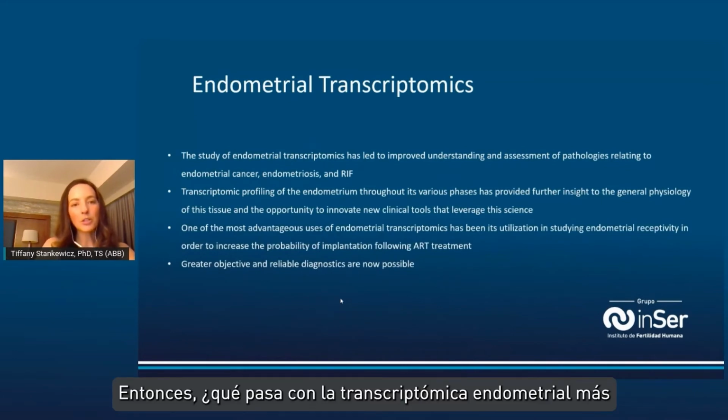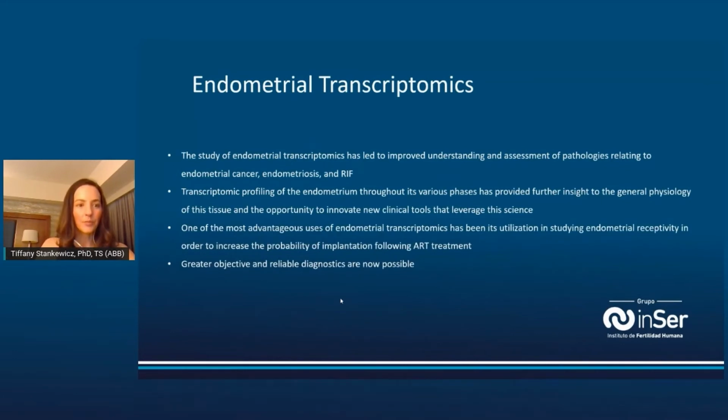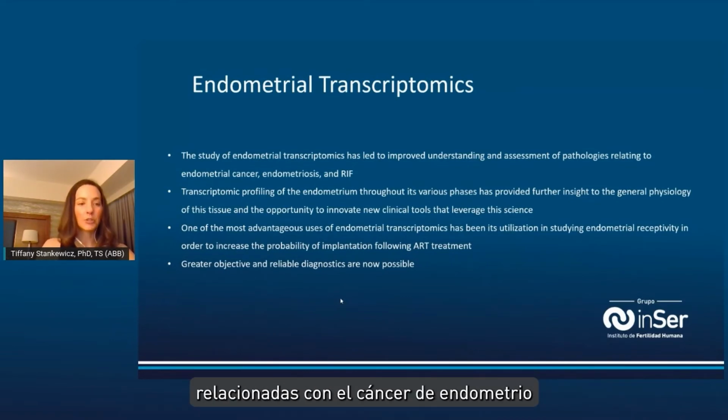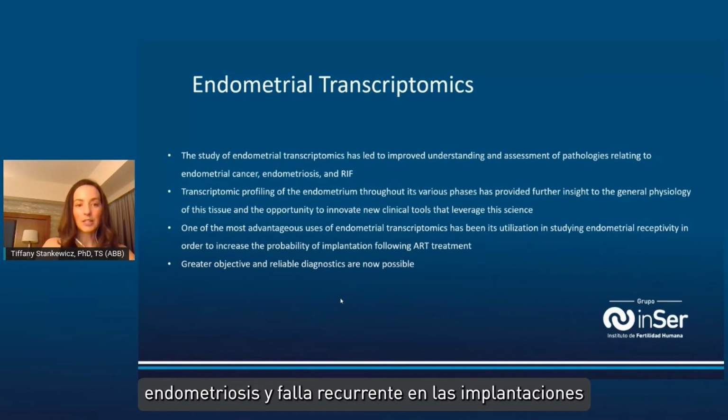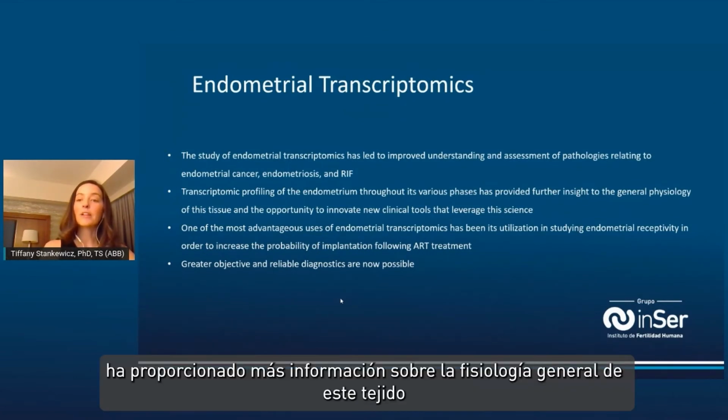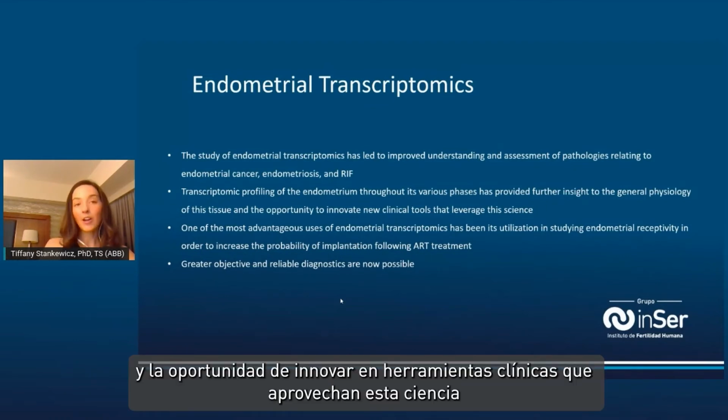So what about endometrial transcriptomics further? The study of endometrial transcriptomics has led to improved understanding and assessment of pathologies relating to endometrial cancer, endometriosis, and recurrent implantation failure. Transcriptomic profiling of the endometrium throughout the various stages has provided further insight into the general physiology of this tissue and also the opportunity to innovate new clinical tools that leverage this science.